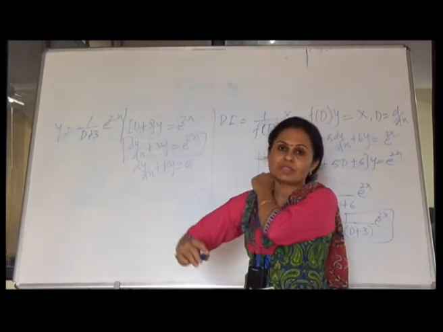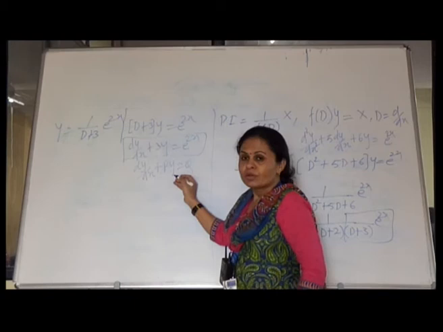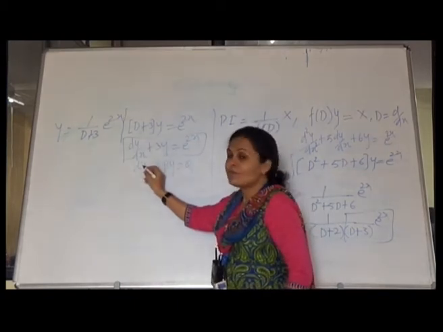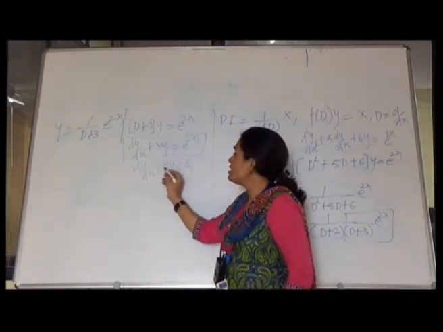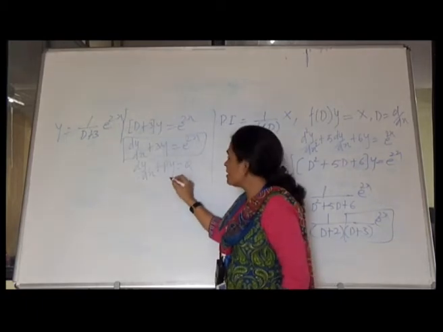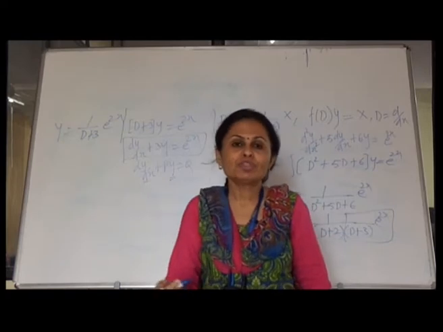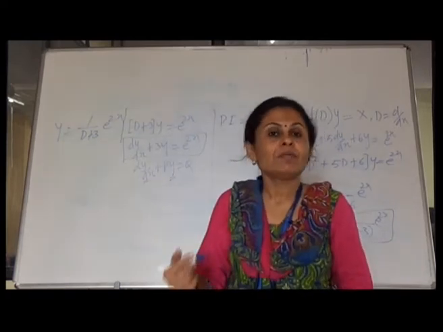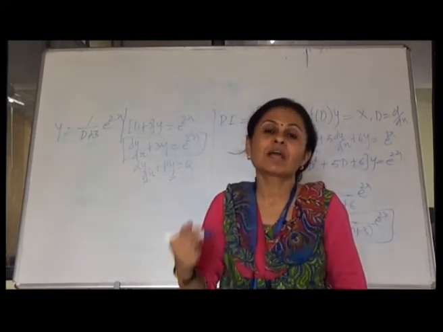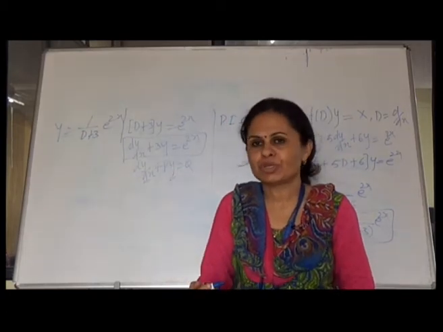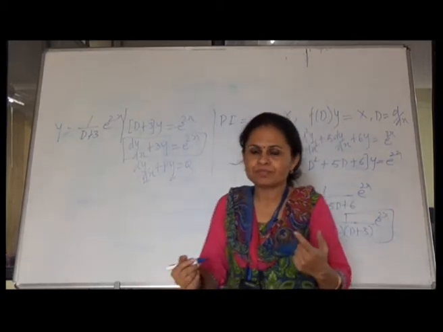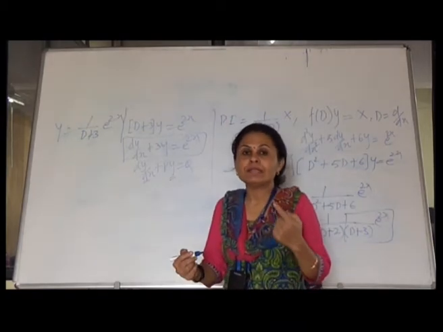This dependent variable y and its derivative, this y is the dependent variable and dy by dx is its derivative, both should be coming singly, that means coming only once in the equation. That is the first condition to say the equation is linear.